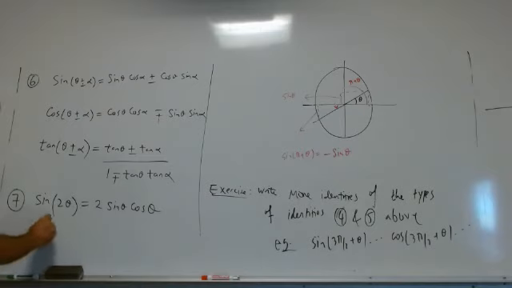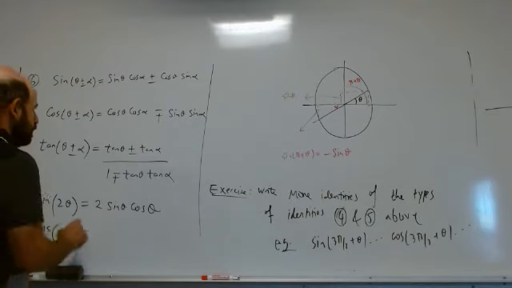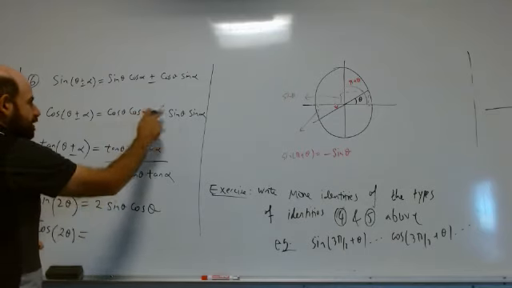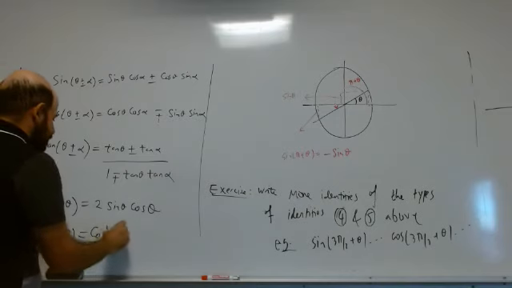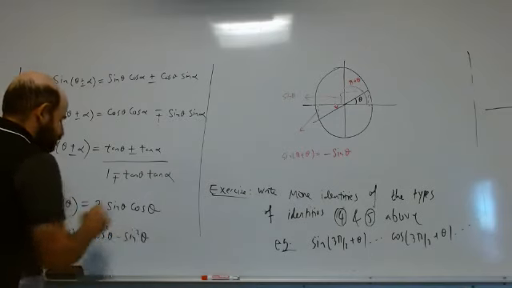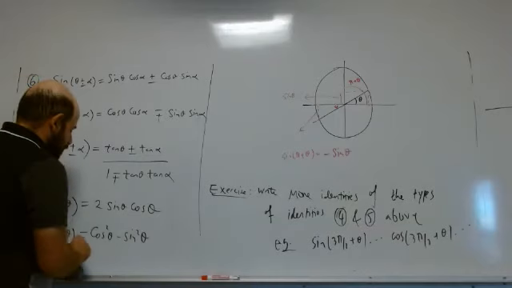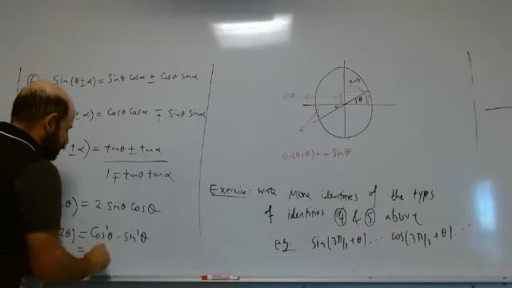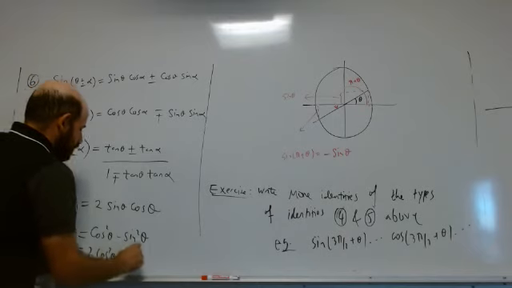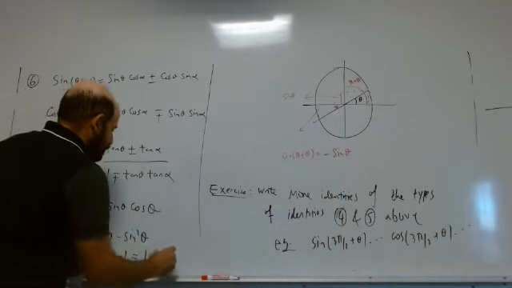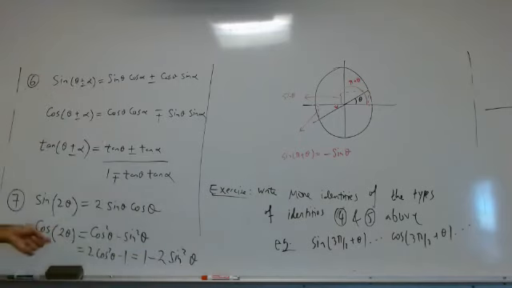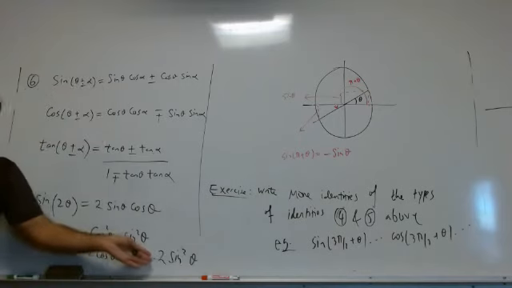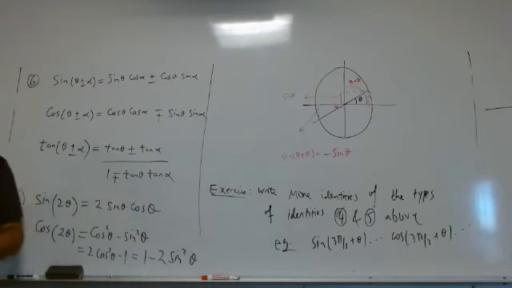And then cos 2 theta. That one again is cos theta cos theta minus sine theta sine theta, which means cos squared theta minus sine squared theta. We can also write this as 2 cos squared theta minus 1. We can also write it as 1 minus 2 sine squared theta. So cos 2 theta is equal to 2 cos squared theta minus 1, which is also 1 minus 2 sine squared theta.